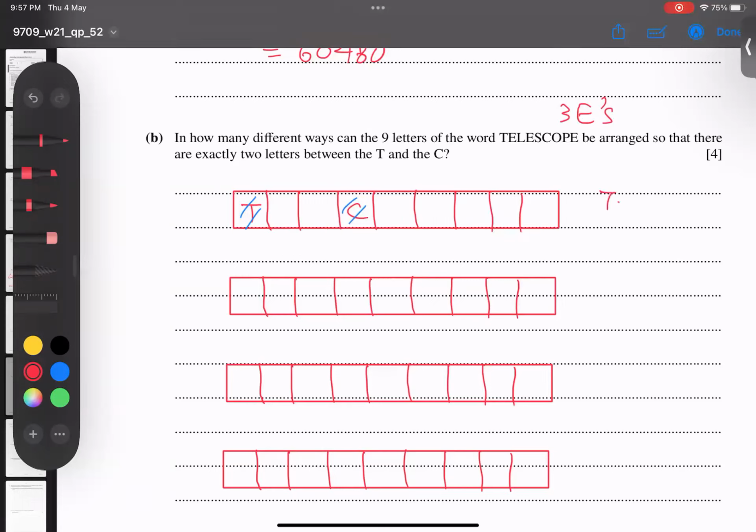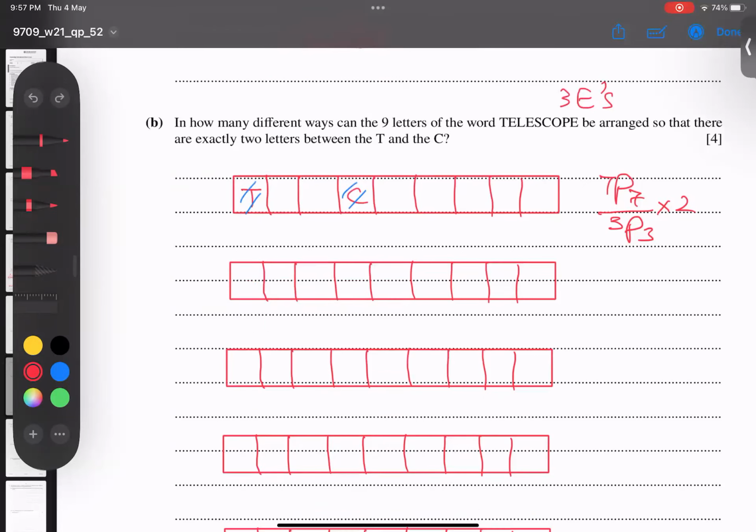So 7P7 or 7 factorial, and divided by what? 3P3. Why 3P3? Because 3 E's are repeating, but into 2. You can ask why into 2, sir? Because T comes at the start, and it can be TC, or maybe CT. So that is why 2 possibilities.